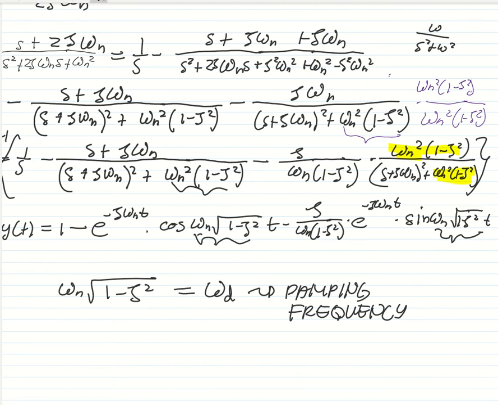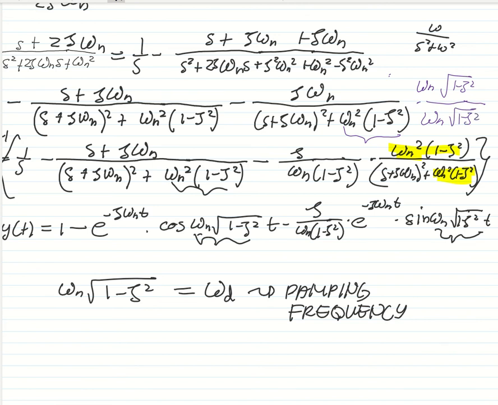But I used omega n squared here at the numerator, so we need to remove that omega n squared. This should be the square root of omega n squared times 1 minus zeta squared, so I need to remove this. This should be the square root of 1 minus zeta squared.